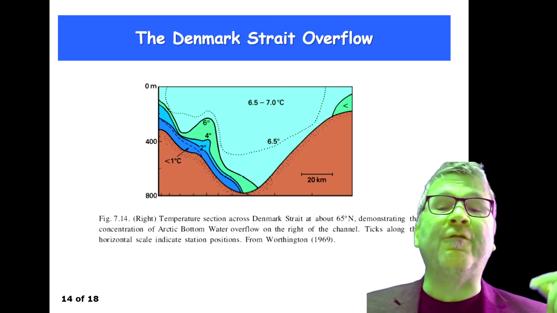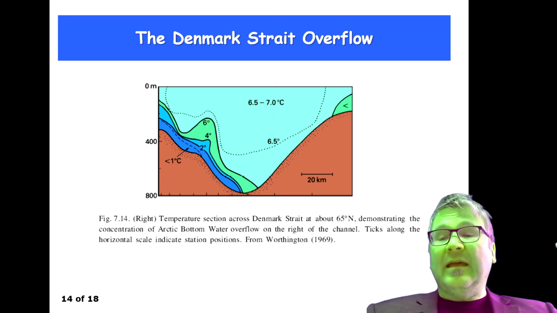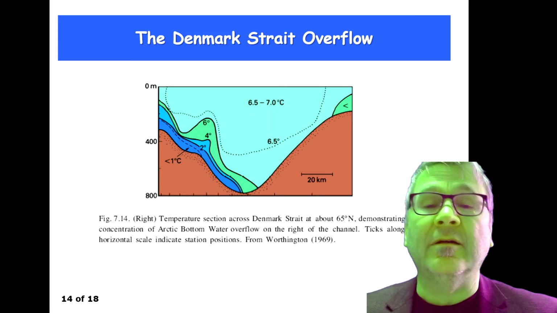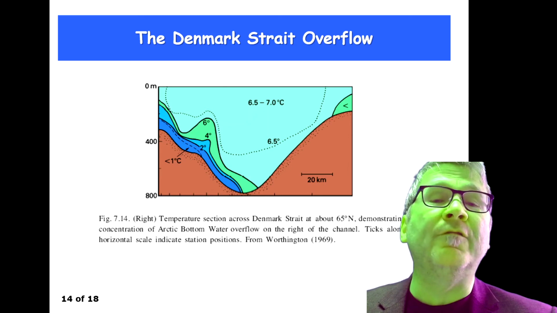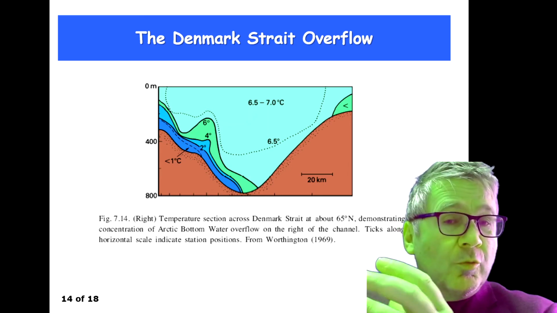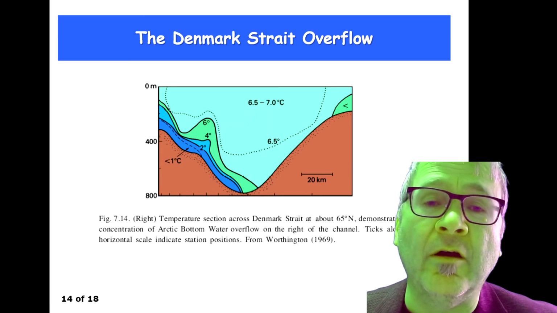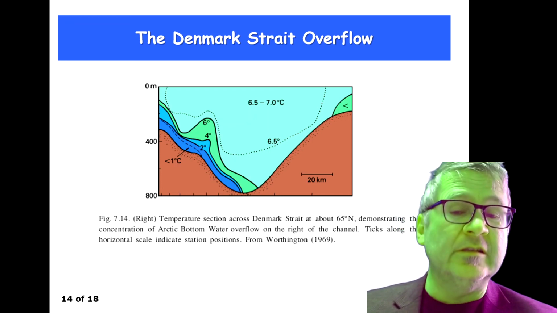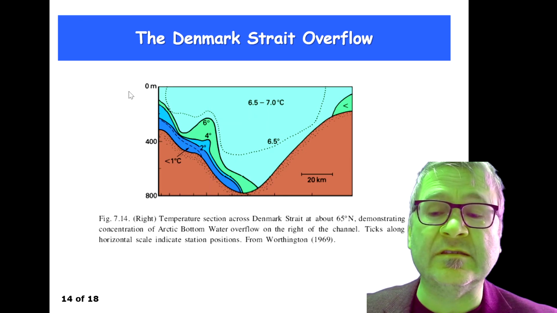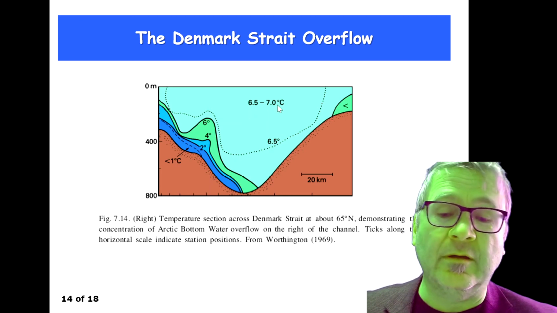So if you looked from the Greenland Sea into the North Atlantic, okay, you have to flip this figure around. The outflow is actually moved over to the right-hand side of the strait, if you look into the direction, and this is what you can see here. Okay, this is the outflow for the region.